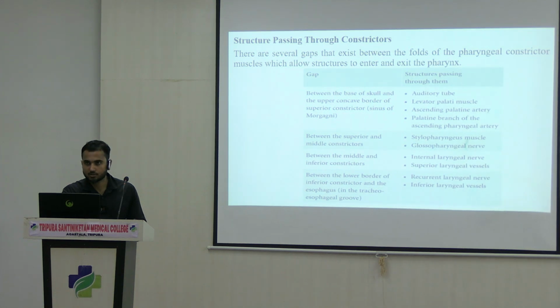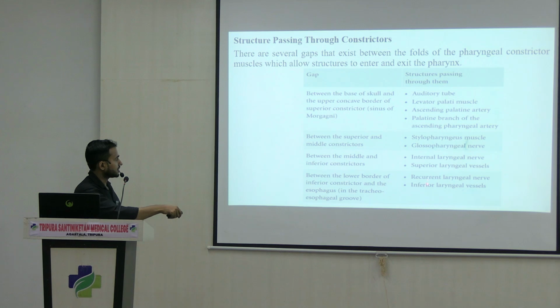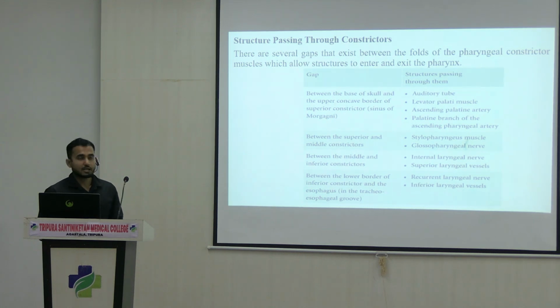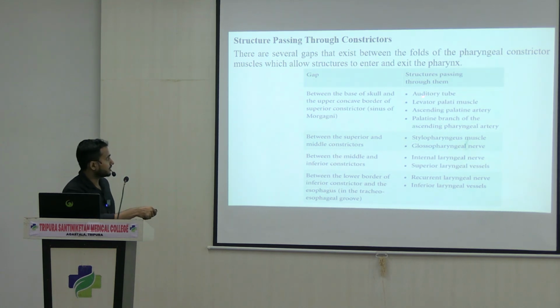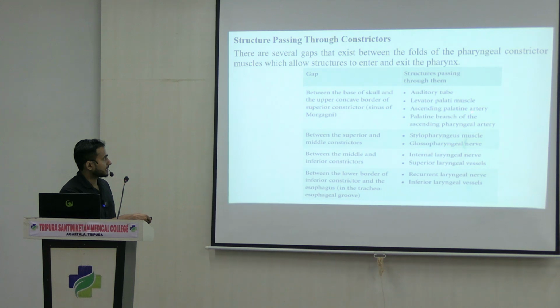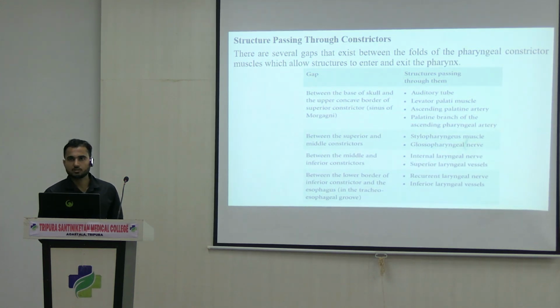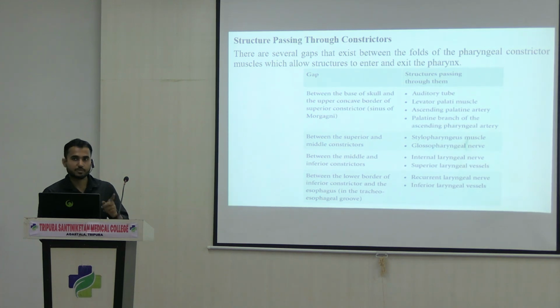Okay, now in each and every gap different structures are there. So this is the list of the gaps and these are the list of the structures. As you can see, first is the auditory tube, levator veli palatini muscle, ascending palatine artery and palatine branch of the ascending pharyngeal artery from the first gap.